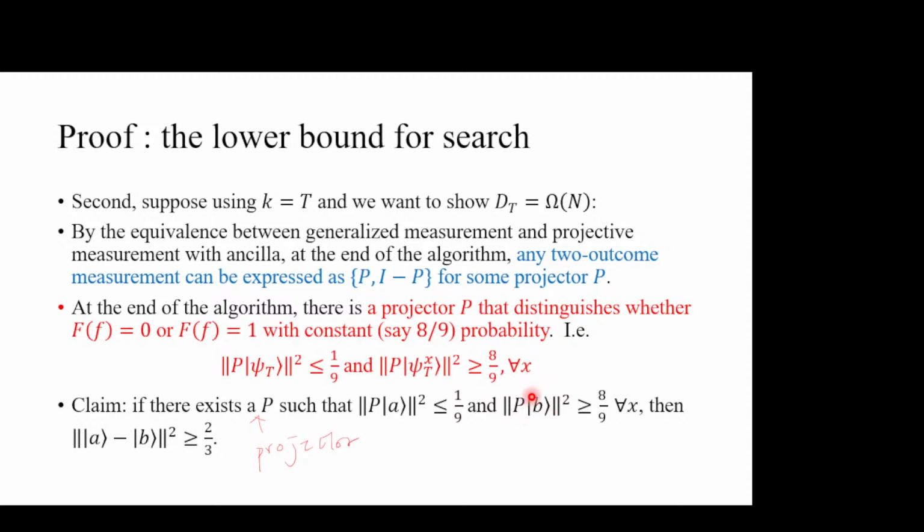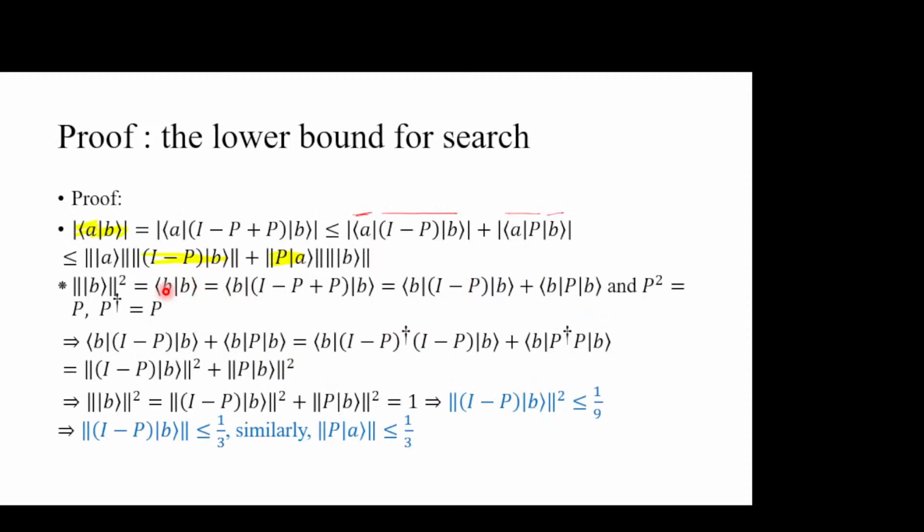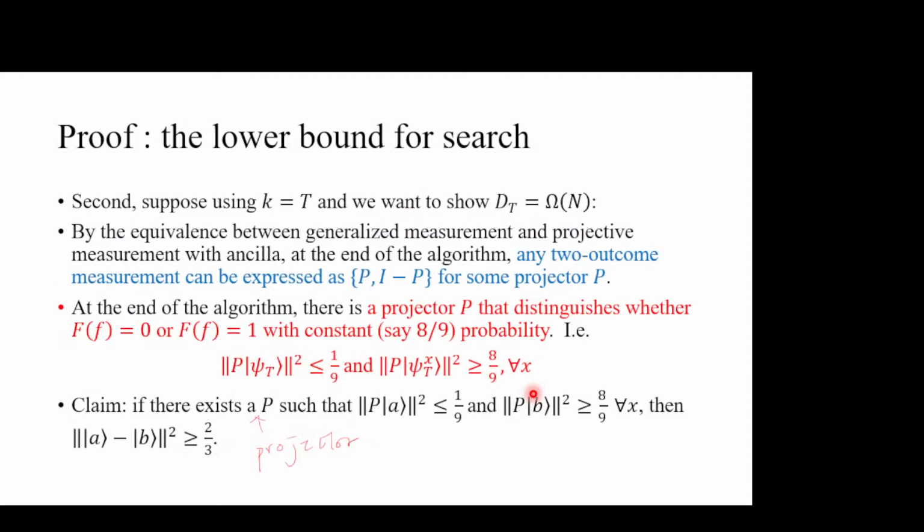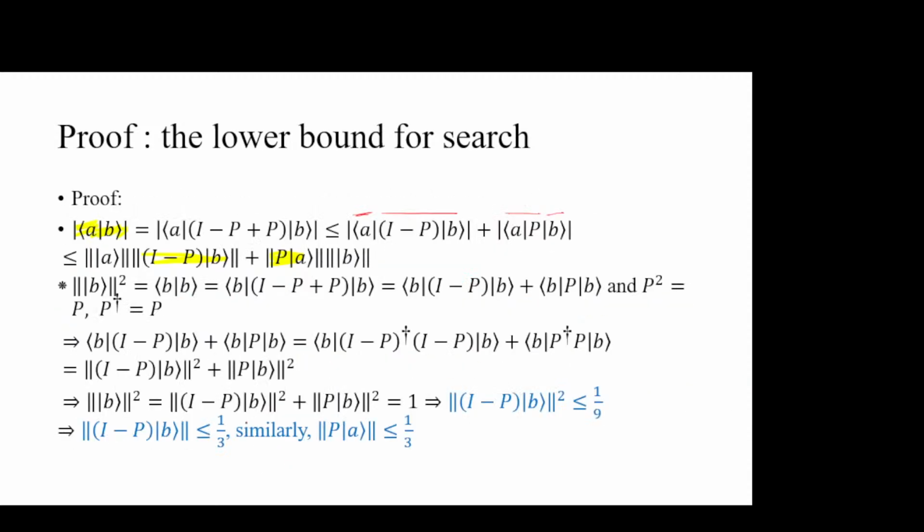This is the probability that you put B inside this two outcome measurement, P and 1 minus P, and you get a result associated with P. We said before that the probability of getting this is greater than or equal to 8/9, and the probability of getting the other outcome should be less than or equal to 1/9.